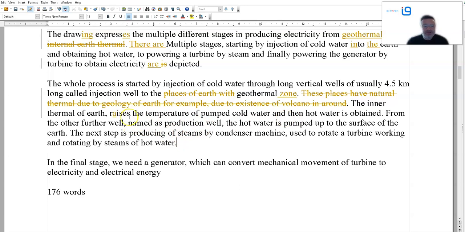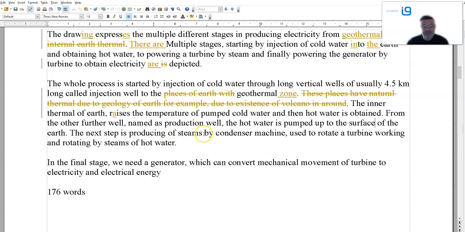So, why not simply say from the production well, hot water is pumped up to the surface of the Earth, as opposed to the surface of the Moon. The next step is producing steam, or the production of steam, by a condenser used to rotate a turbine working and rotating by steam.